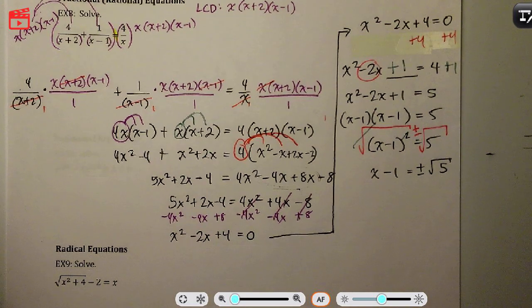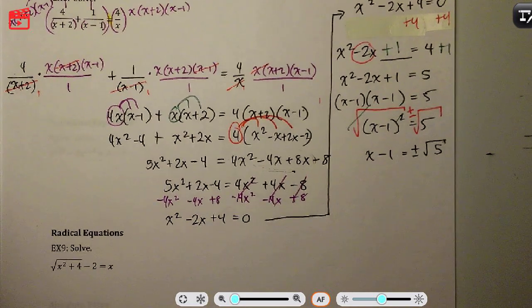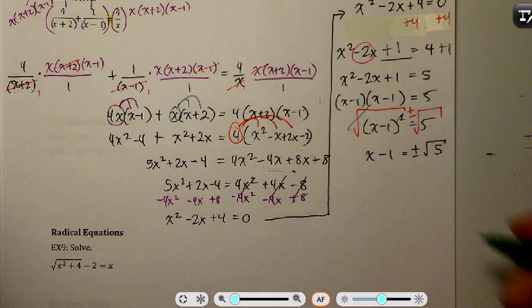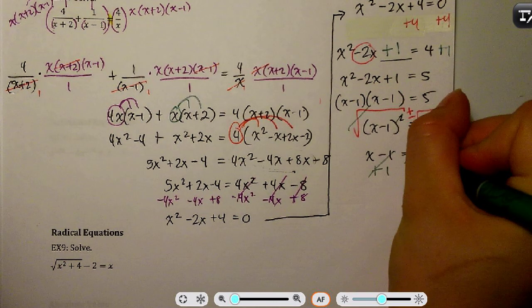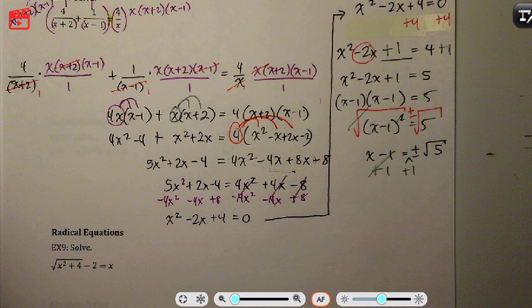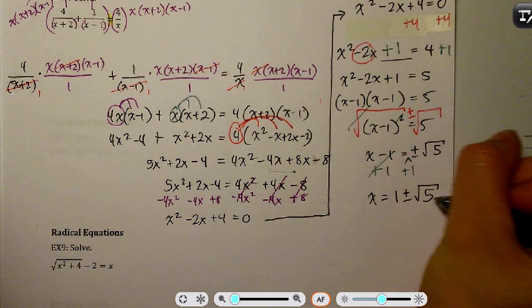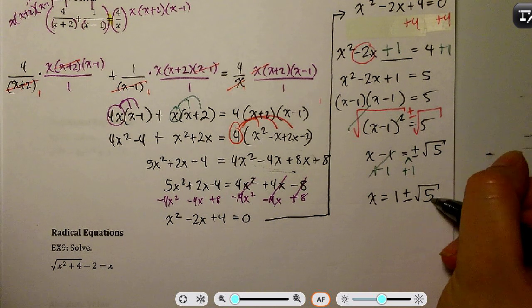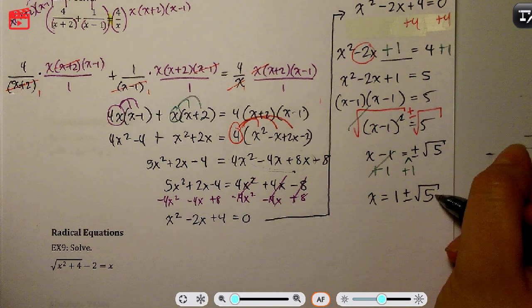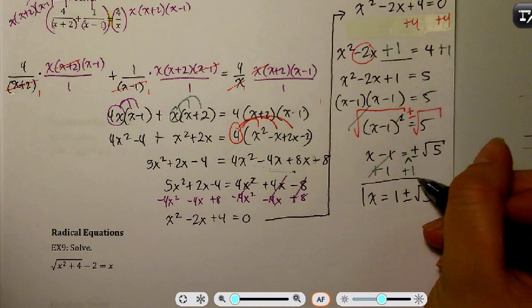Almost there. Whew. x is almost by itself. Let's add 1 to both sides. And we get x equals 1 plus or minus the square root of 5. 5 is simple. Can't take any perfect square out of it. So we are done.